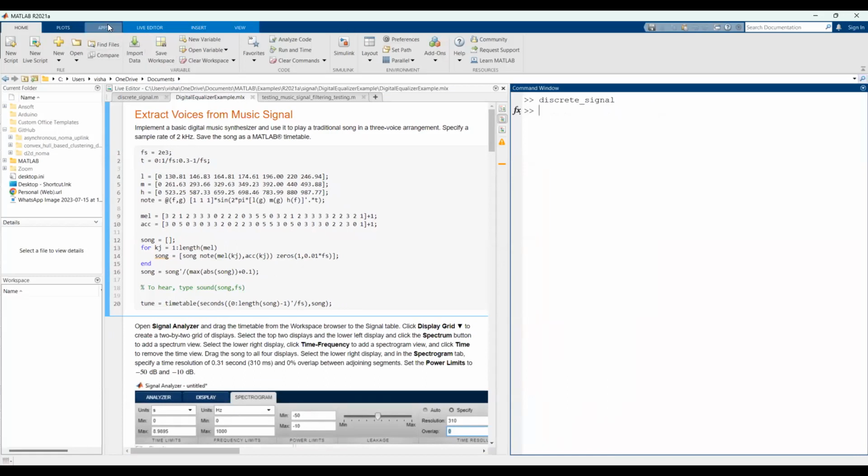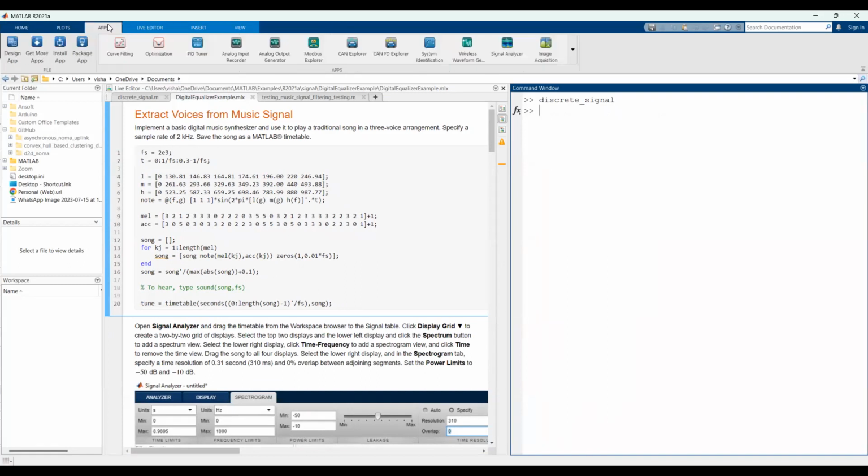I hope you can see. I'm going to use Apps, go to the Signal Analyzer app, and use that app to look at the signal in the time domain and frequency domain. If I want to go through the command window, I can type signalAnalyzer and go to that app directly.